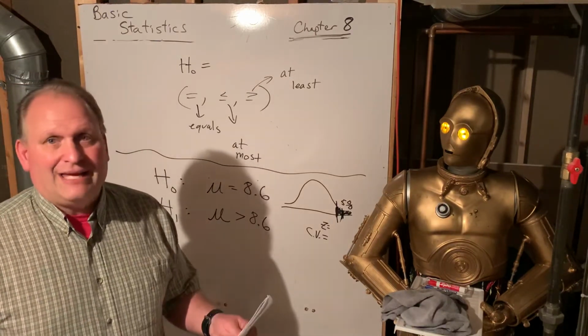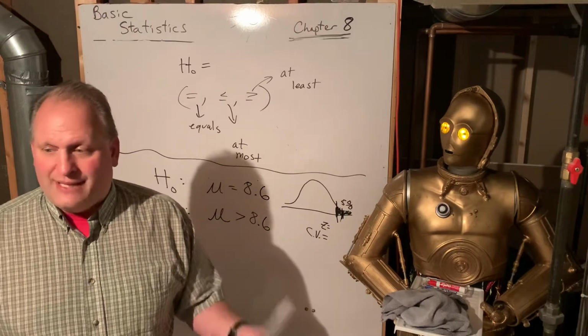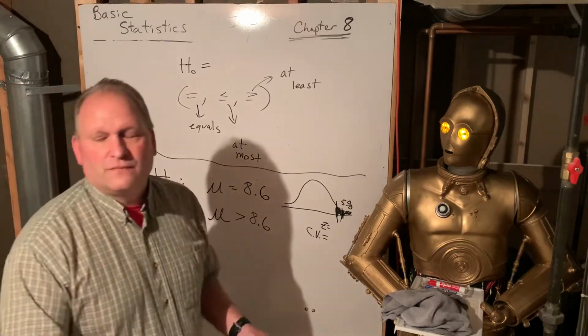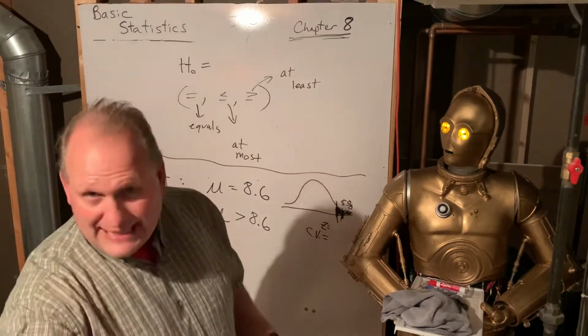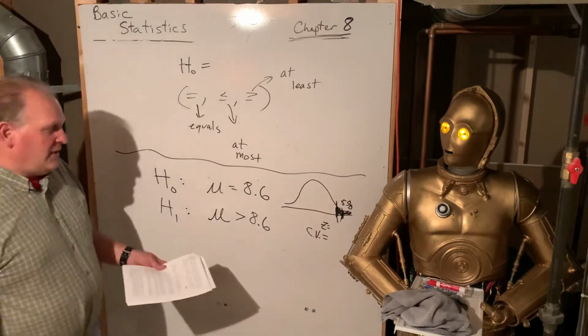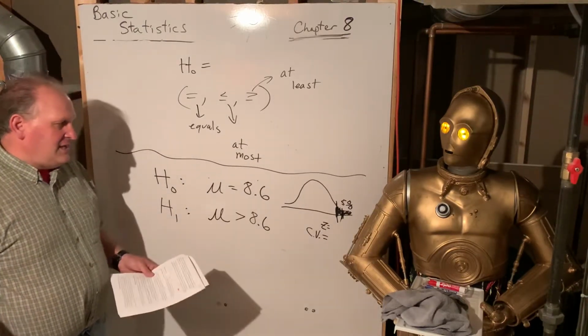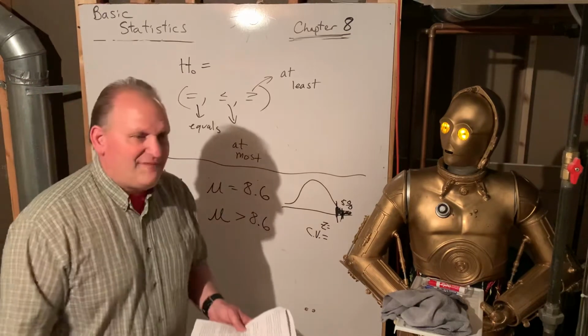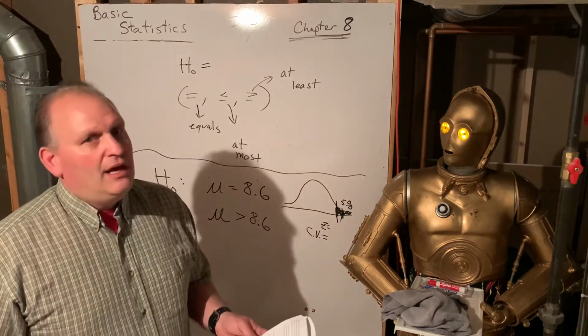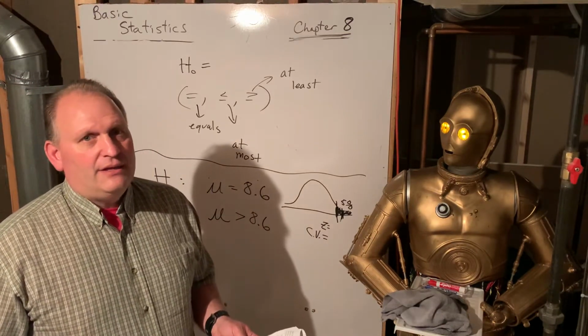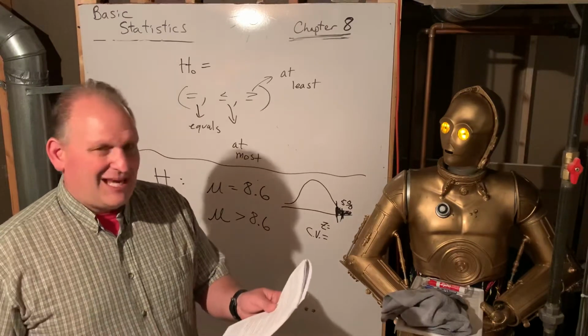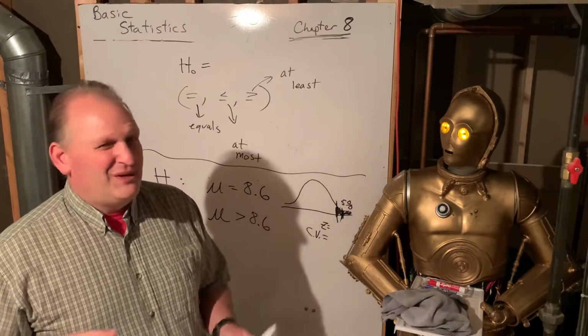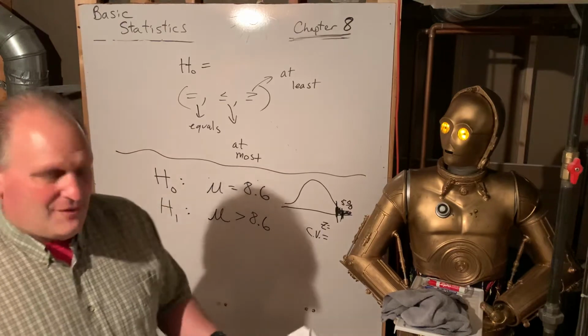But then I came to find that in reality, I somehow did, let's say, a census of all the population of all the babies, and it turned out to be 8.6 again, or 8.58 or something. Then we created a type 1 error. We rejected the null when we really shouldn't have. All right?